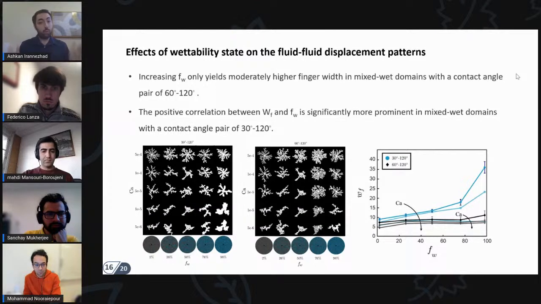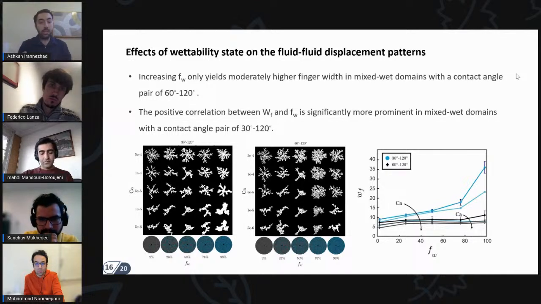One of them is, of course, the finger width of the patterns. And we can see that regardless of the contact angle, as we increase the wettability fraction, the finger width of the pattern increases. However, this increase is more significant in the mixed wet domains, in which the water wet cluster has the contact angle as low as 30 degrees, the one with strongly water wet clusters.